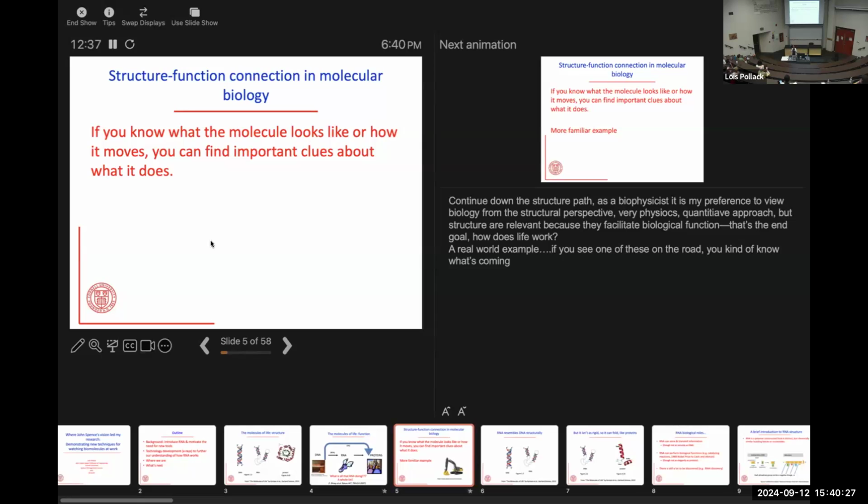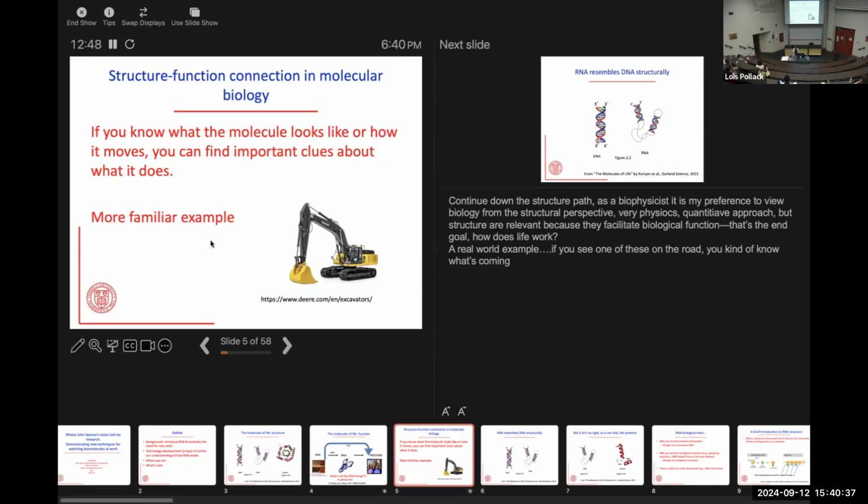So the structure or the shape of the molecule, by looking at it, you can figure out what it does. And here's a more familiar example, slightly irreverent, but there we go. If you see something like that, you know what's coming next. It's really clear what that structure does, okay? So that's what we're after with these molecules.